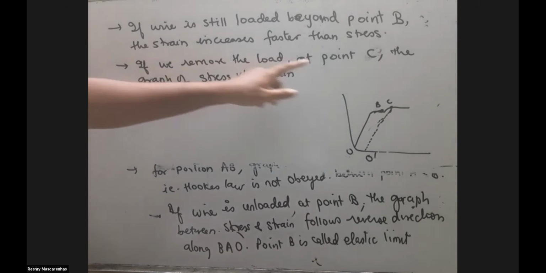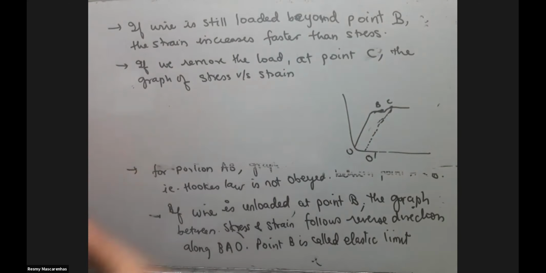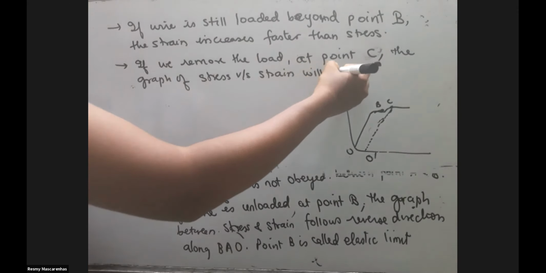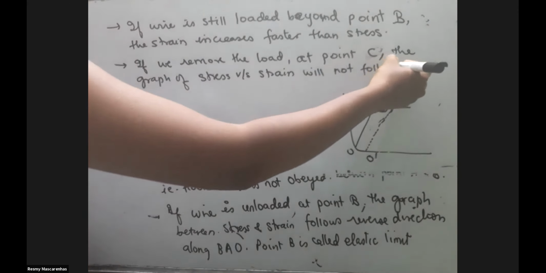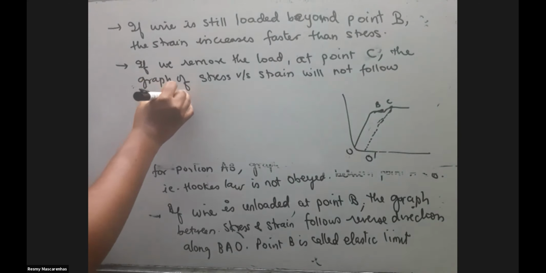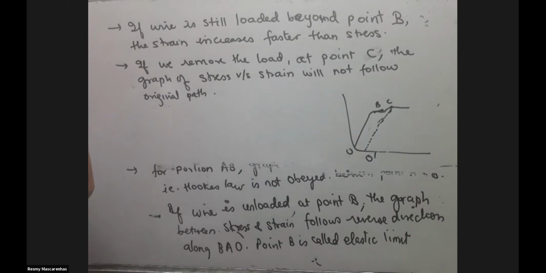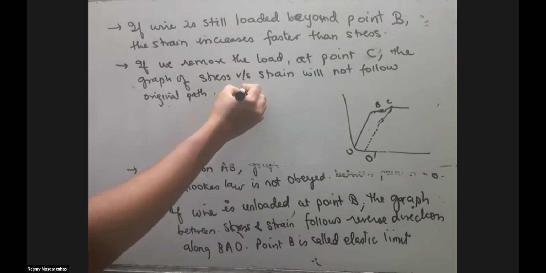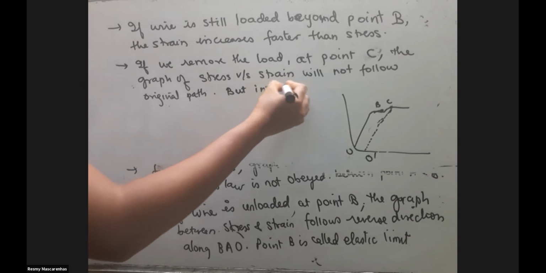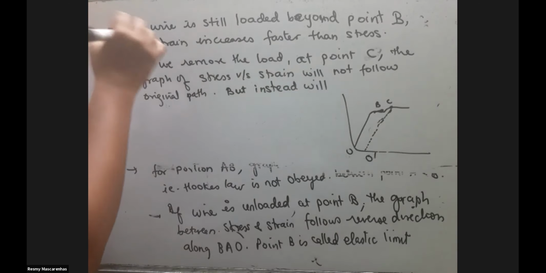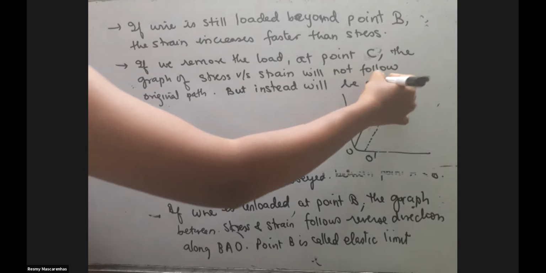So if we remove the load at point C, the graph of stress versus strain will not follow the original path, but instead will be along CO dash.